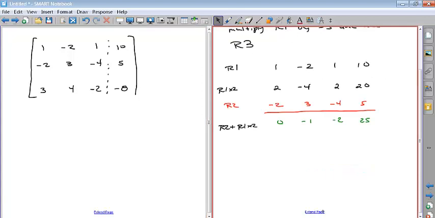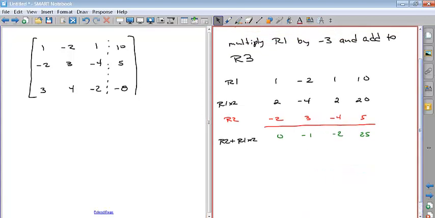The second thing we're going to do is take row 1 again: 1, negative 2, 1, 10. We're going to make row 1 times negative 3. So we take this times negative 3, this times negative 3, this times negative 3, this times negative 3. Everything here is a multiple of negative 3. Then we write row 3 down, because we're going to replace row 3.